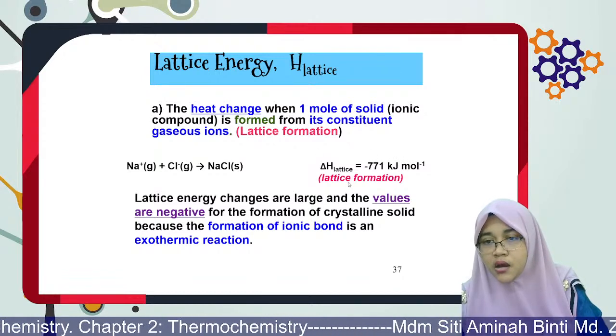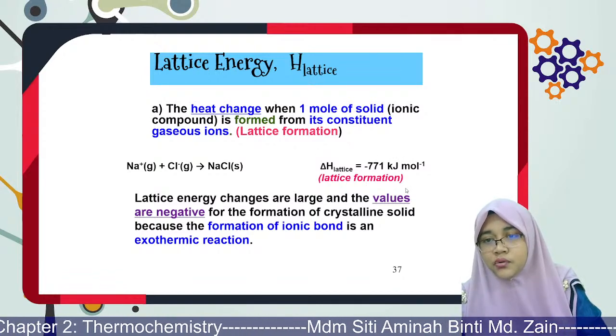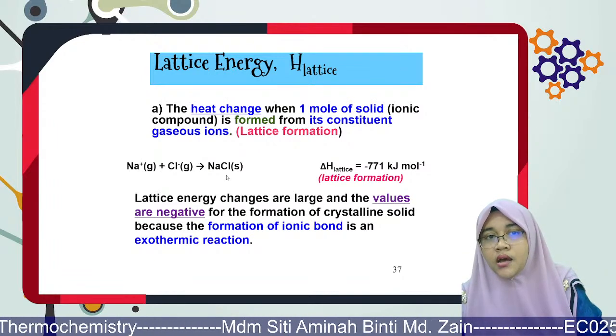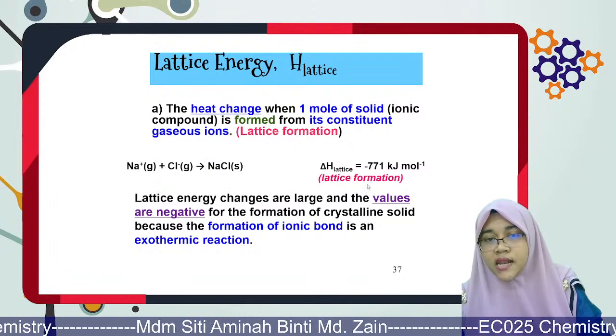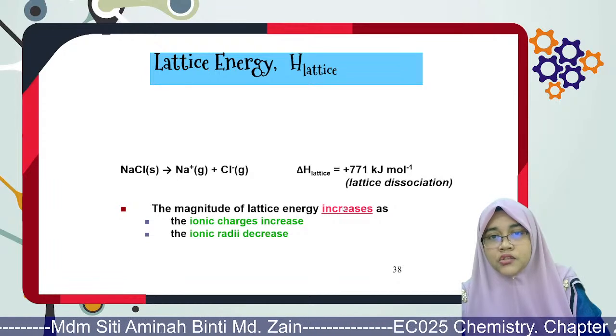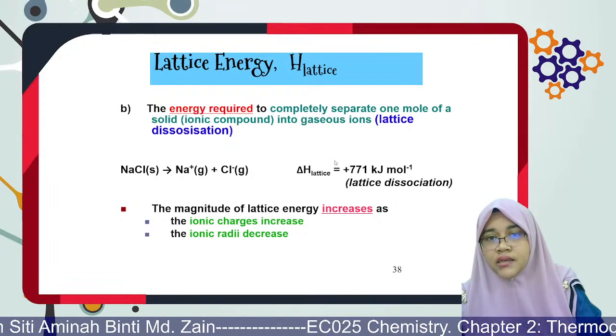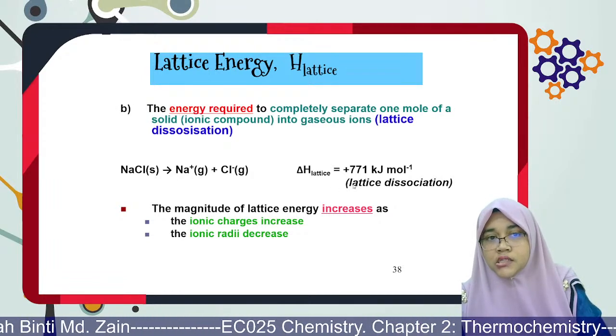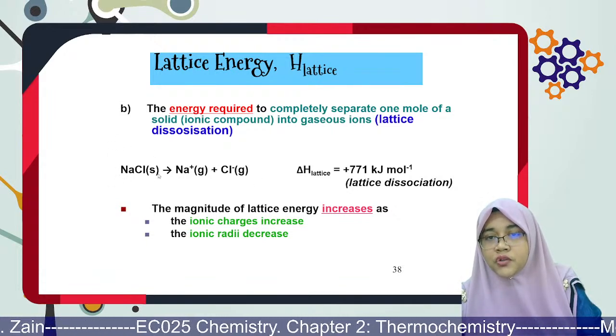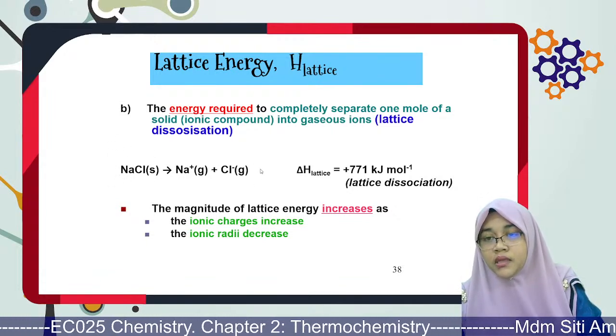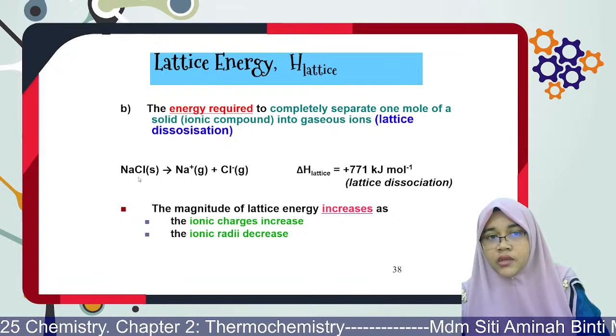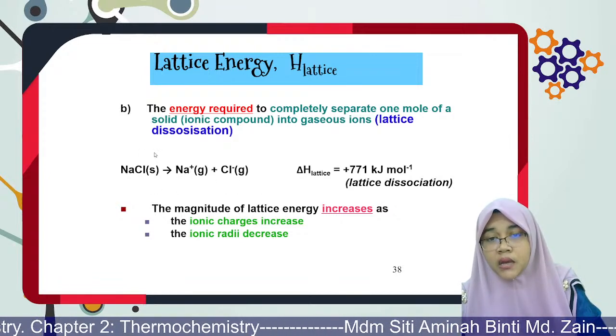That we call lattice dissociation. And the equation that I showed you in the slide is lattice formation. So this is what we call lattice dissociation. The sign has been changed because sodium chloride dissociates to be ions, so it must involve breaking a bond.